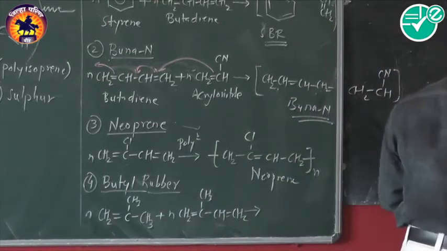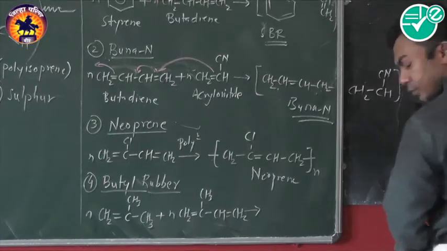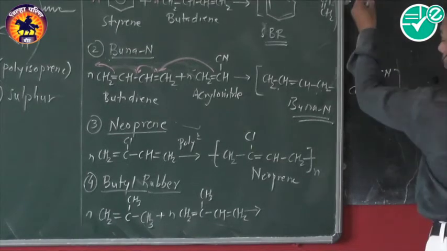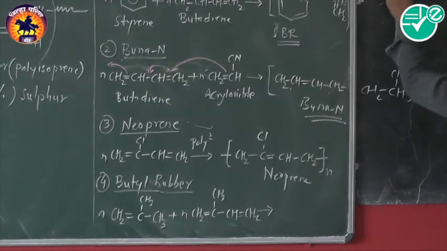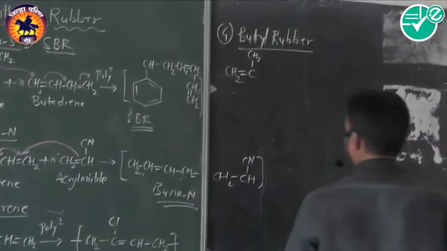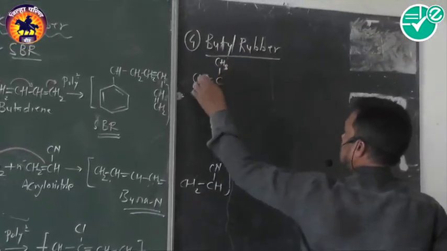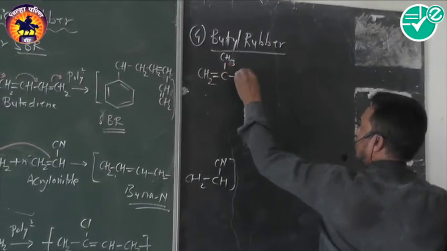Now the next one is butyl rubber. This is also a copolymer, obtained from two monomers. One is isobutylene. The formula is CH2 double bond C(CH3) single bond CH3.